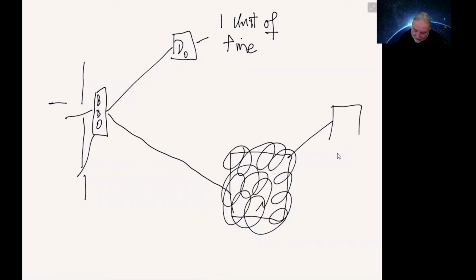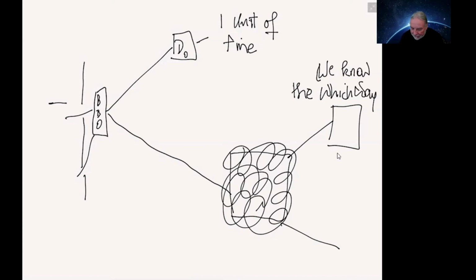And there's only 2 results. One, we know the which way, which is just the path, and then another detector where we don't know the which way.